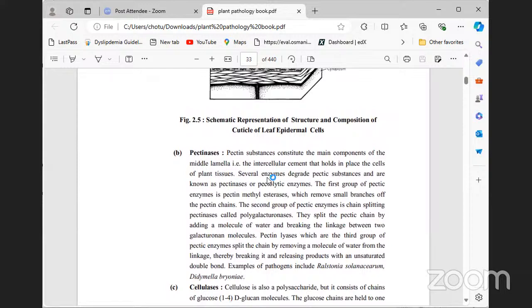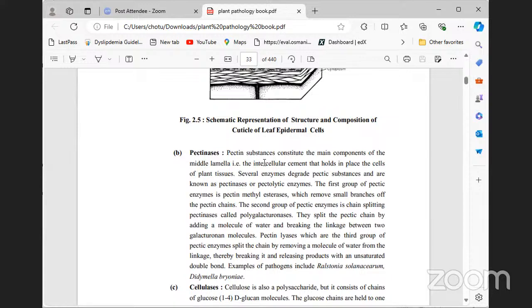Pectin substances constitute the main components of the middle lamella, that is the intercellular cement that holds in place the cells of plant tissue. Several enzymes degrade pectic substances and are known as pectinases or pectolytic enzymes.